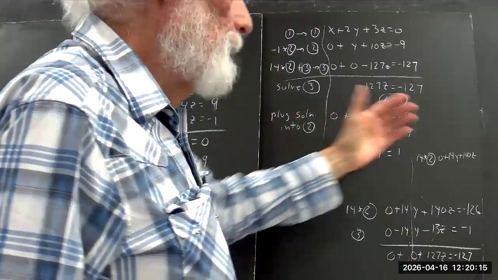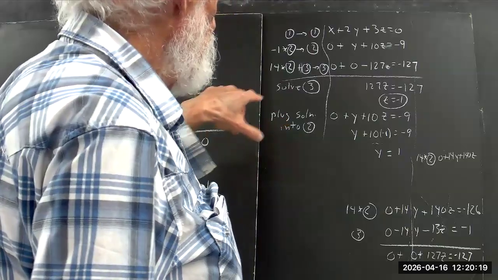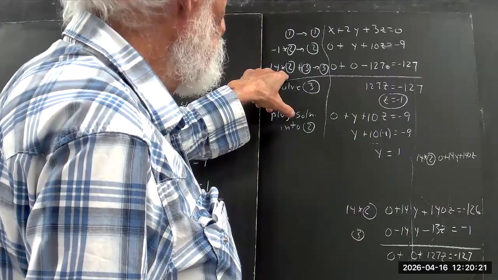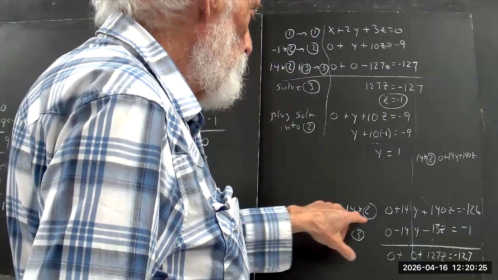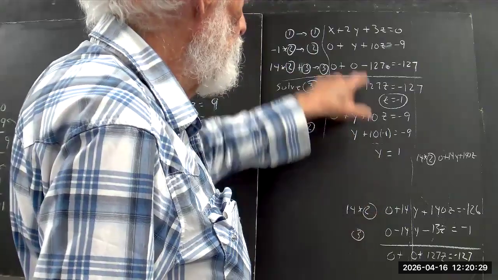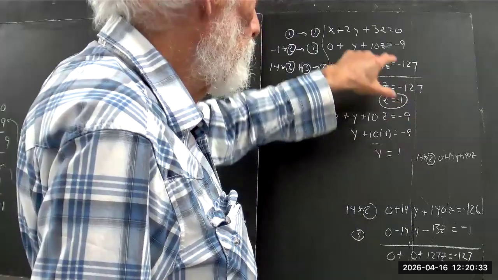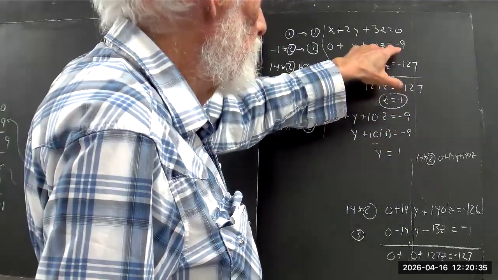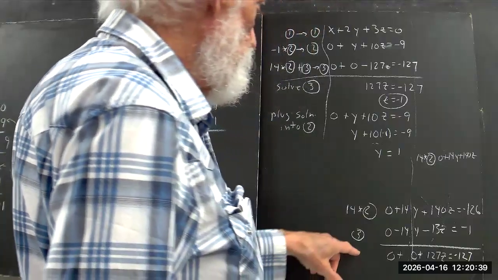Okay, now all that was missing over here was where I did the operation 14 times row 2 plus equation 3. 14 times row 2: 14 times 0 is 0, 14 times y is 14y, 14 times 10 is 140, so we have 140z, and 14 times negative 9 is negative 126.